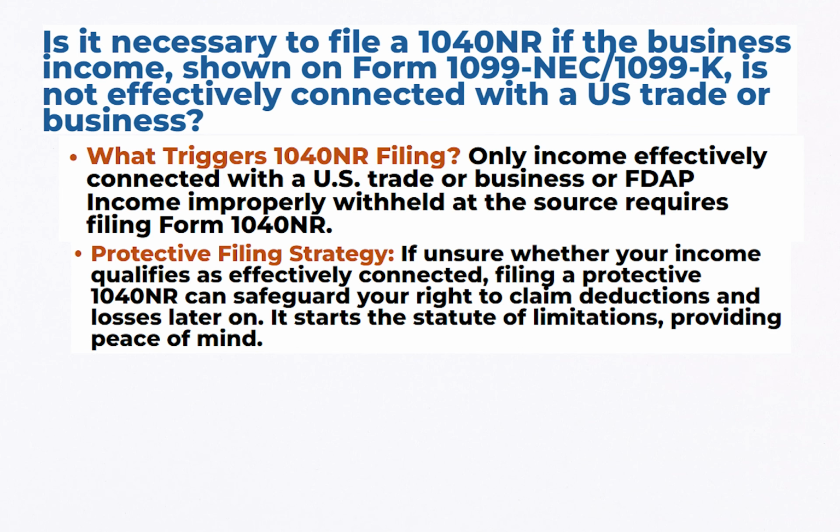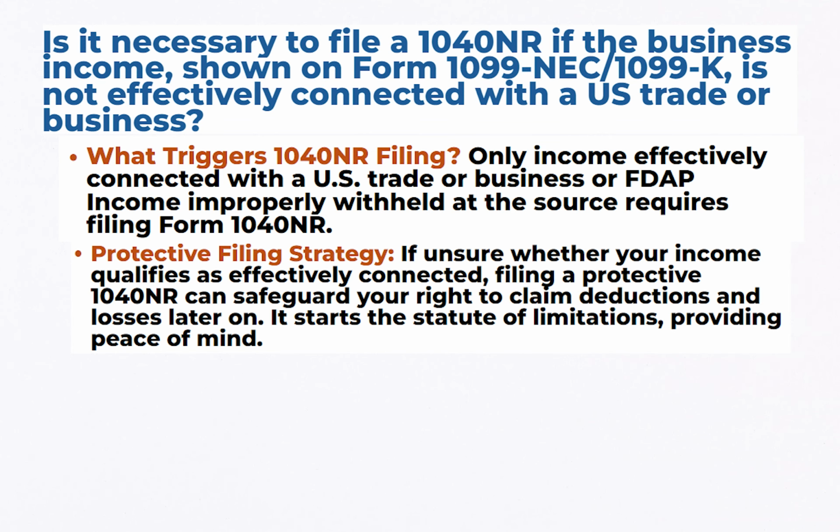Sometimes, when there's a gross understatement of your taxes, the IRS can extend it to 6 years. And then there are cases where the statute of limitation never runs, right? It never starts or runs because you committed fraud, or you never filed a tax return at all, okay?